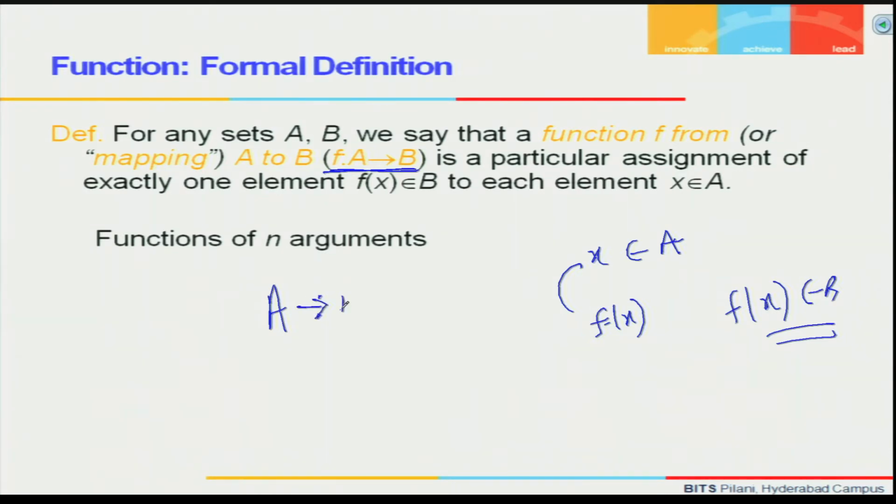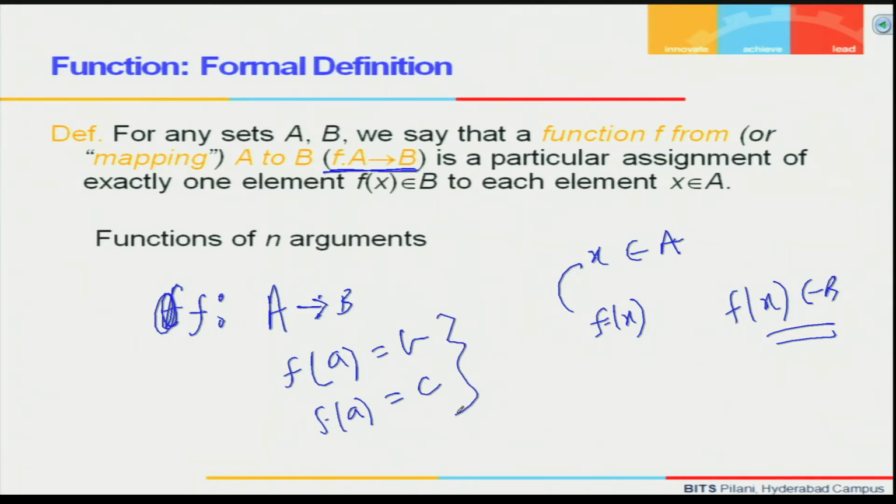When I say f is a function from A to B, it is a function only if every element has a corresponding element in B. You have to map an element in B for each and every element of A, and any single element in A cannot have two different images in B. You cannot say that f of a is equal to b and that f of a is equal to c.